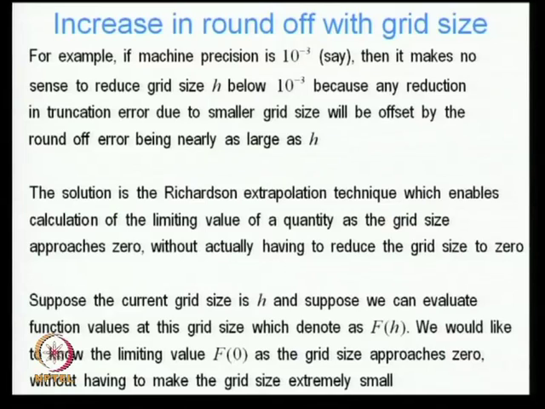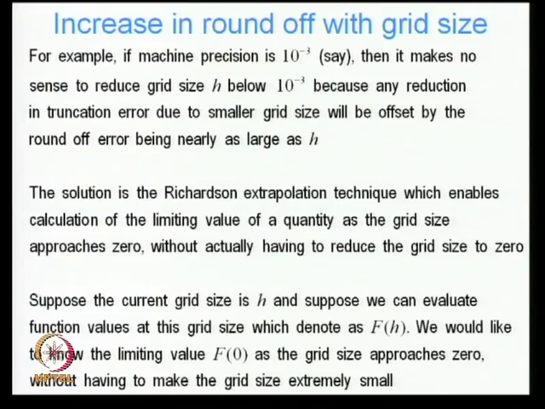We would like to know the limiting value f of 0, the function value at xi for a grid size 0, as the grid size approaches 0, without having to go through that painful and ultimately futile exercise of making the grid size extremely small.